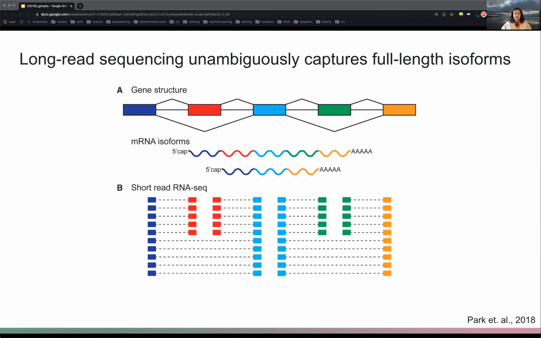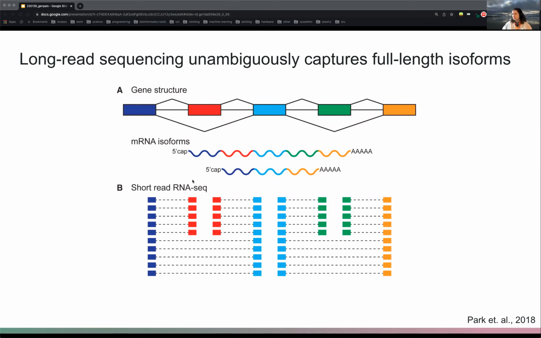So for instance here, we have this gene up top that contains two different isoforms, one which contains this red and green exon together, and one which contains neither of the two. In short-read RNA sequencing, we can pick up reads that sequence across these exon-exon junctions so that we can tell which exons occur right next to each other in the same transcript isoform.